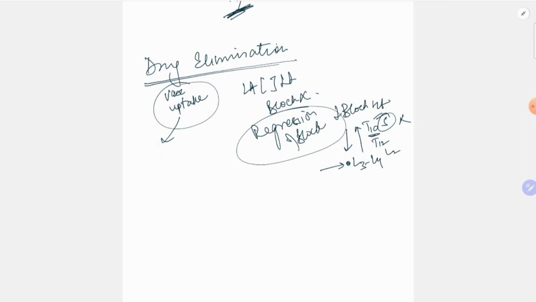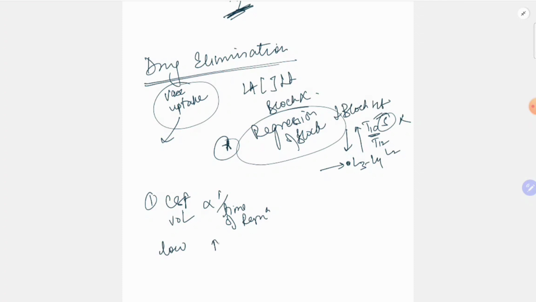So what are the factors that govern this regression of block? Firstly, in spinal, it is the CSF volume. The CSF volume is indirectly related to the time of regression, which means if the CSF volume is low, the time of regression will be more.